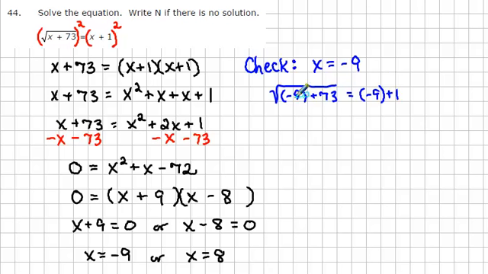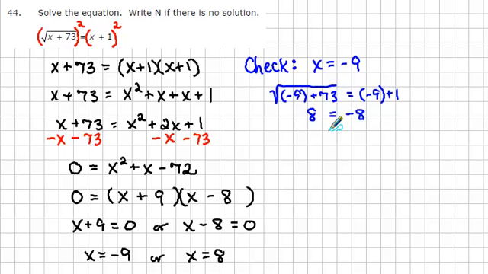On the left-hand side, negative 9 plus 73 is equal to 64. And the radical symbol indicates the positive square root of 64. The positive square root of 64 is 8. On the right-hand side, we get negative 9 plus 1, which is negative 8.